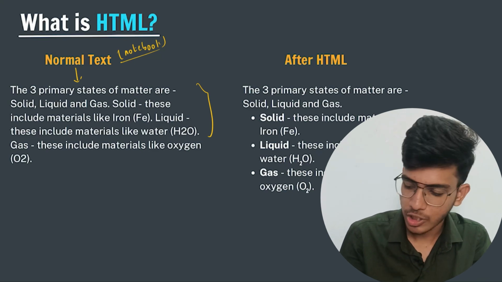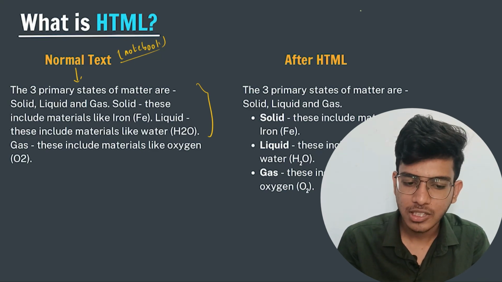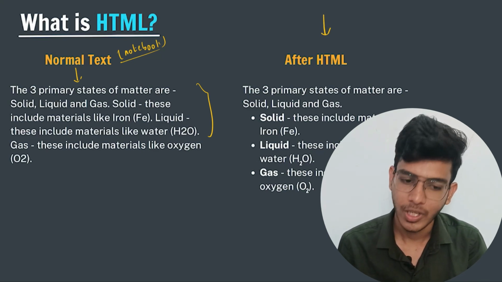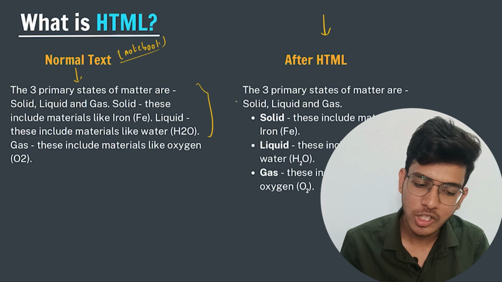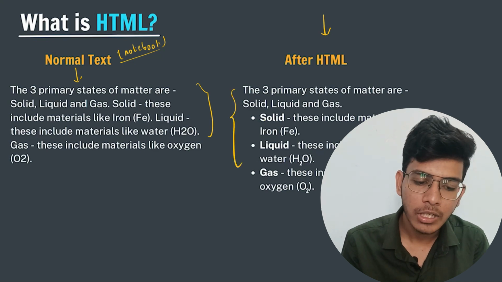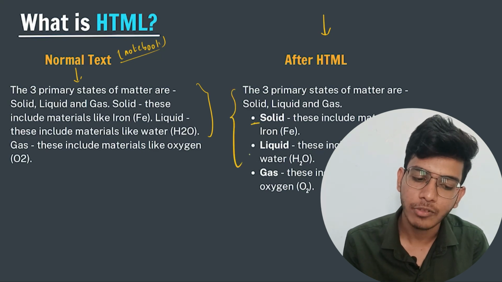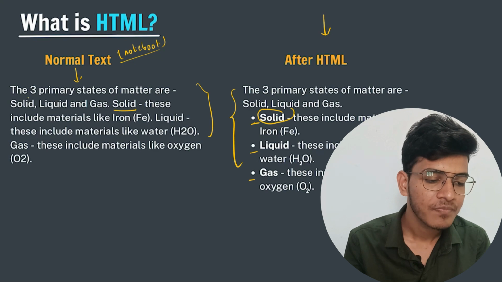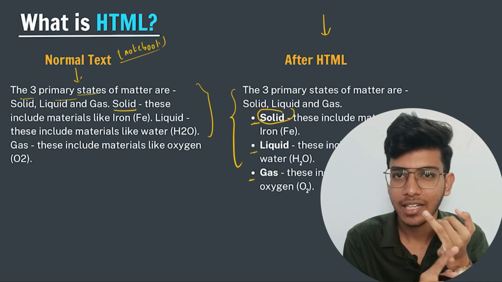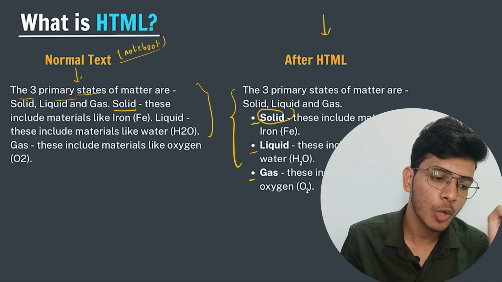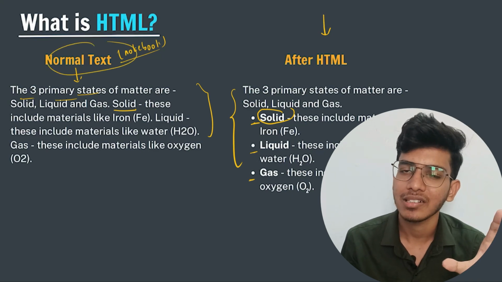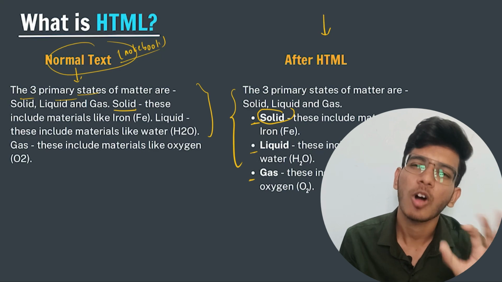Now if you use HTML, we can convert our text into this format, right? And here you can see that this is more structured. We have defined each and every point with a bullet point, and we have highlighted some text here. In normal text, all the text is assigned some default style or default font.